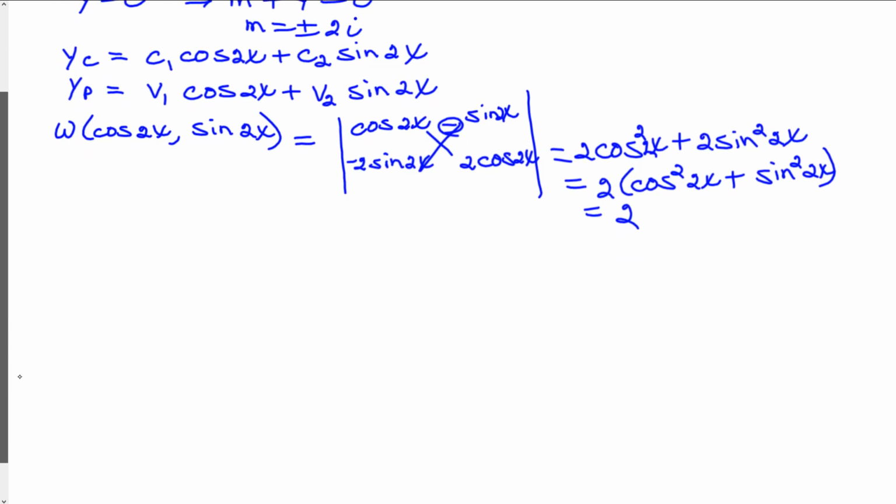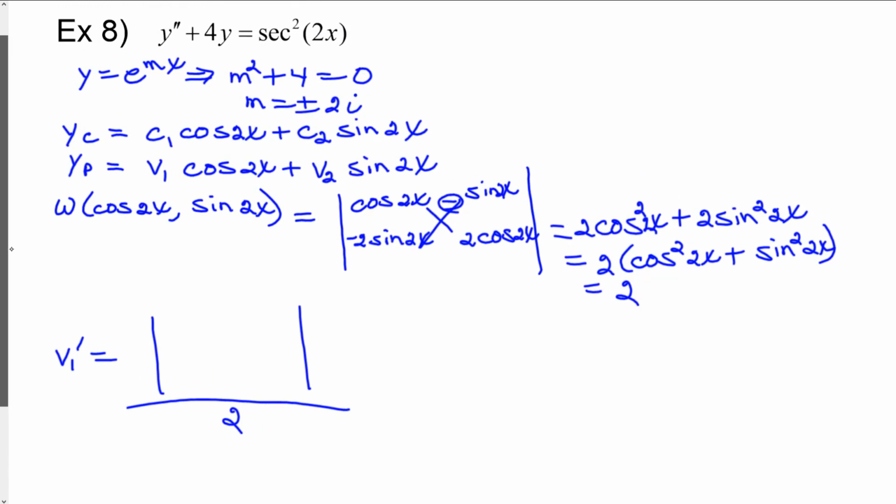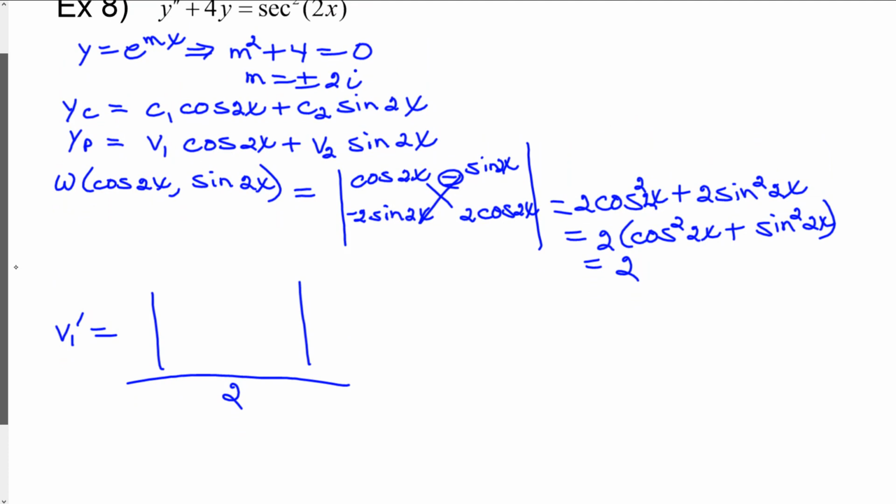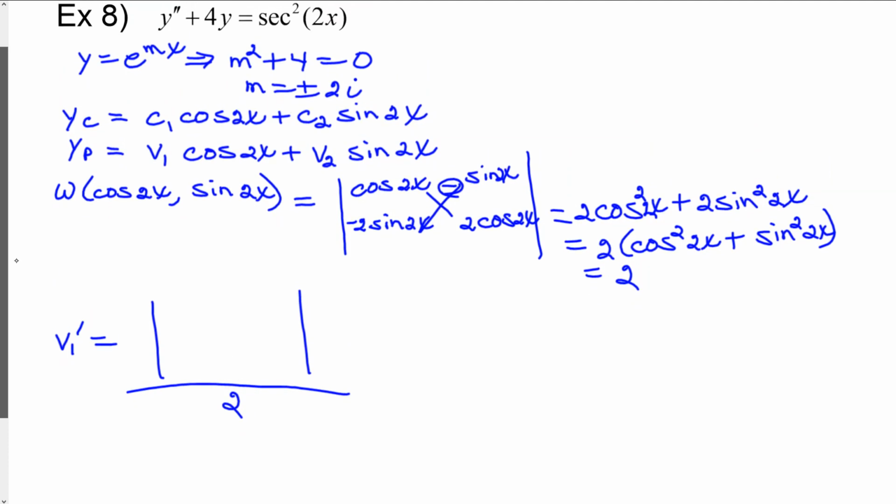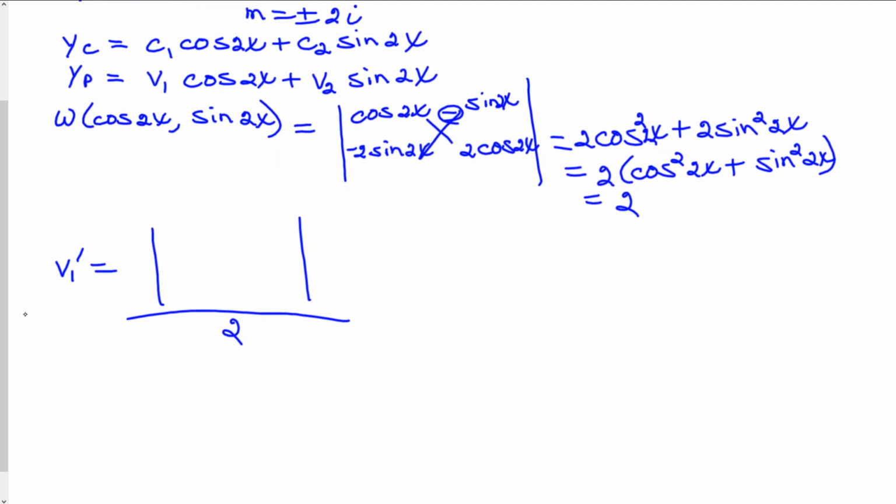All right, now, to find v sub 1 prime, we're going to take the Wronskian and replace column 1 with the 0 and the right-hand side functions. Right? So our right-hand side was secant squared 2x, and we don't have a coefficient in front of the y double prime term. So that means all we need here is 0, secant squared 2x.